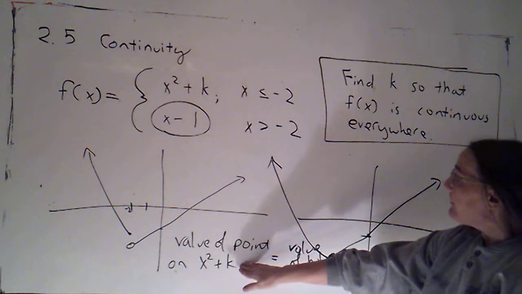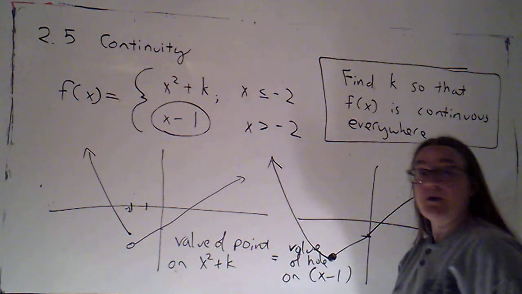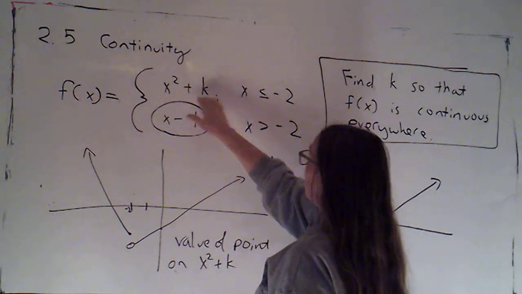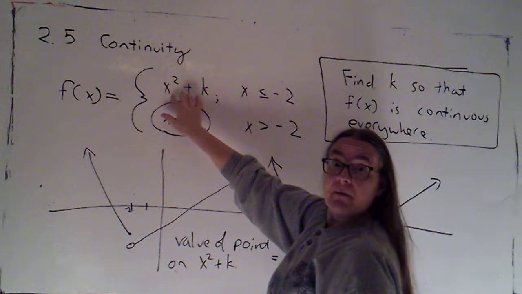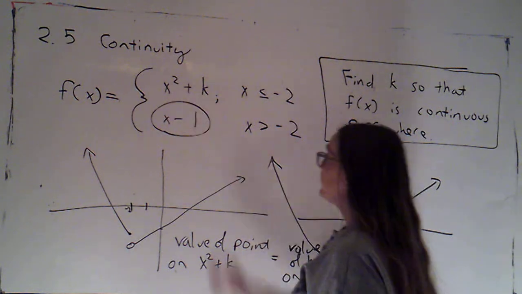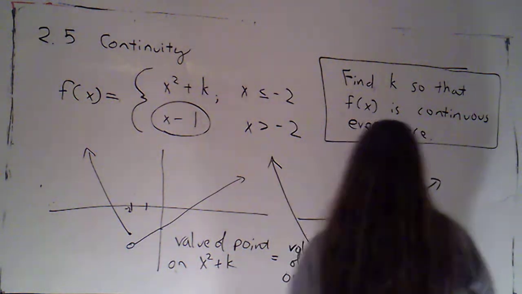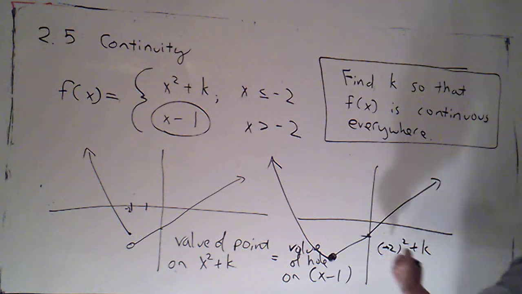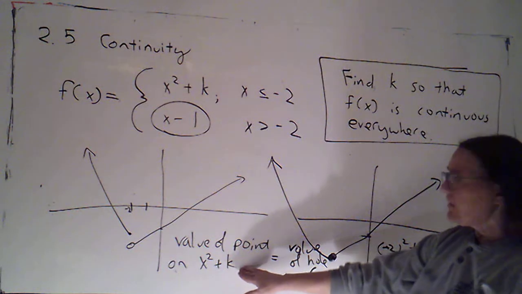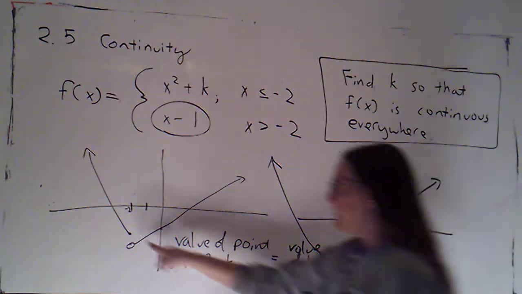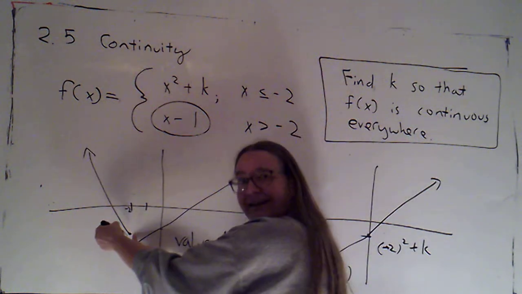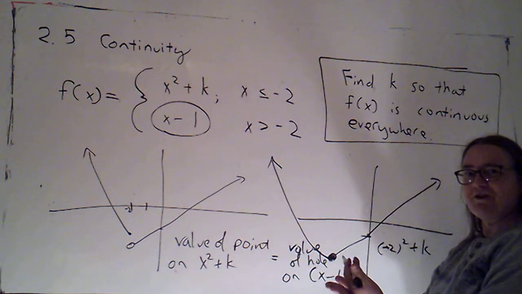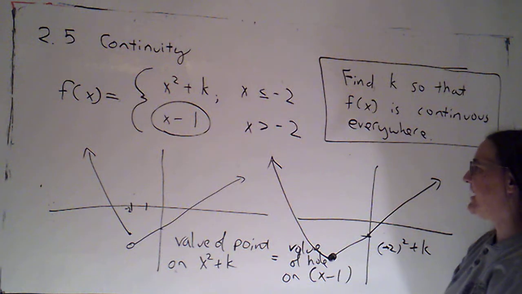Now, this is really doing the same work that we just did, because the value of the point, since we're actually just using this function, I get that by simply plugging in negative 2. So that would be negative 2 squared plus k. That's both the value of the function and the limit as I come in from the left, again, because I was using the same rule for the function value and for the function to the left of that.